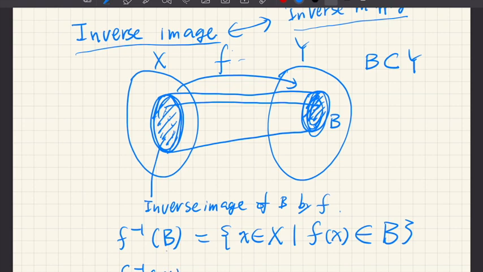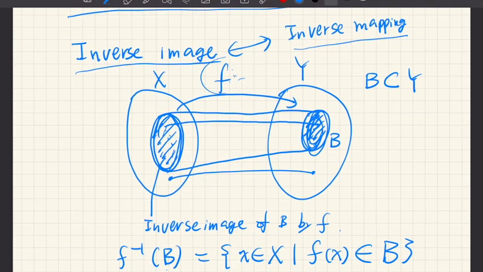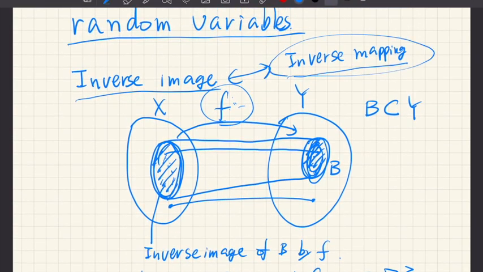It's an element of X, and y is an element of Y. This is mapped into some element of X. Okay, so if this f is a bijection, we can map each element of Y into exactly one element of X. But this cannot be defined unless this f is a bijection to begin with. Okay, so these two concepts are different.